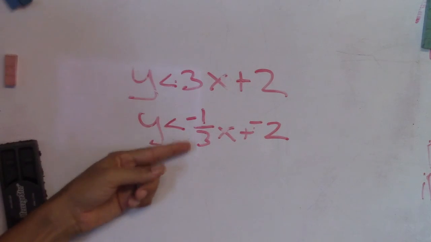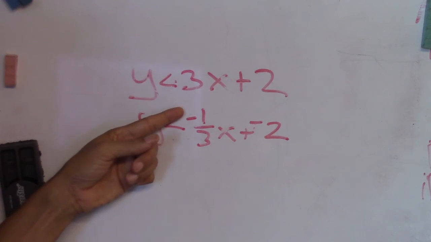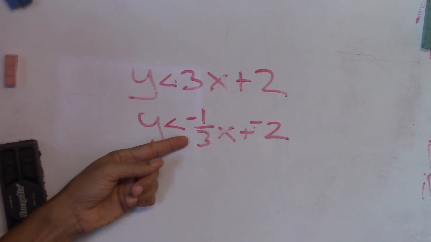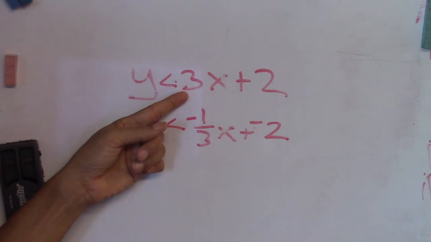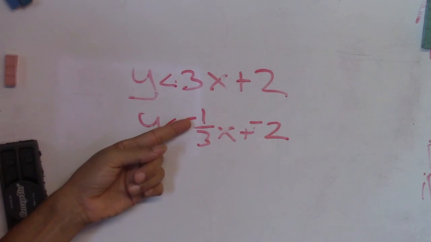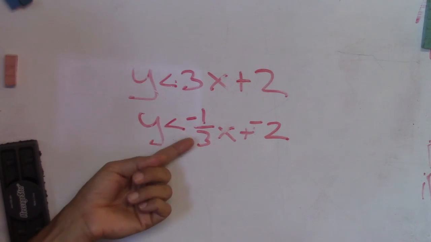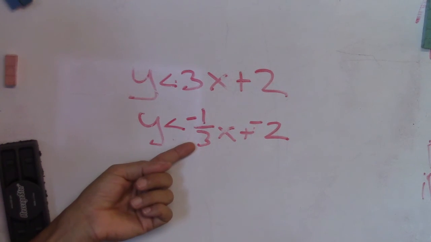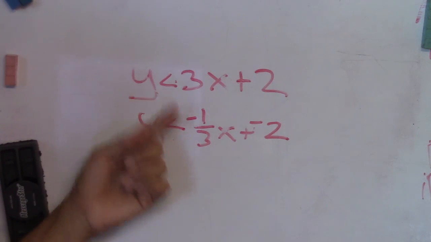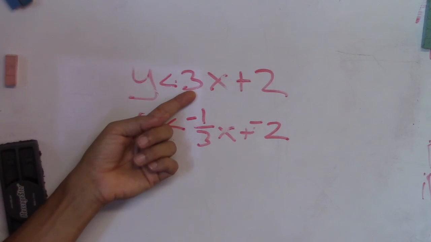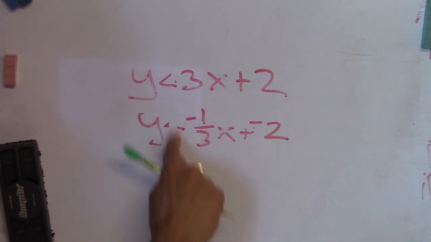Because when I make a perpendicular line, it's the negative inverse of whatever this is. That was 2, so this would be 1/2. If this was a third, and I wanted a perpendicular line, the negative inverse would be +3, right? Okay.